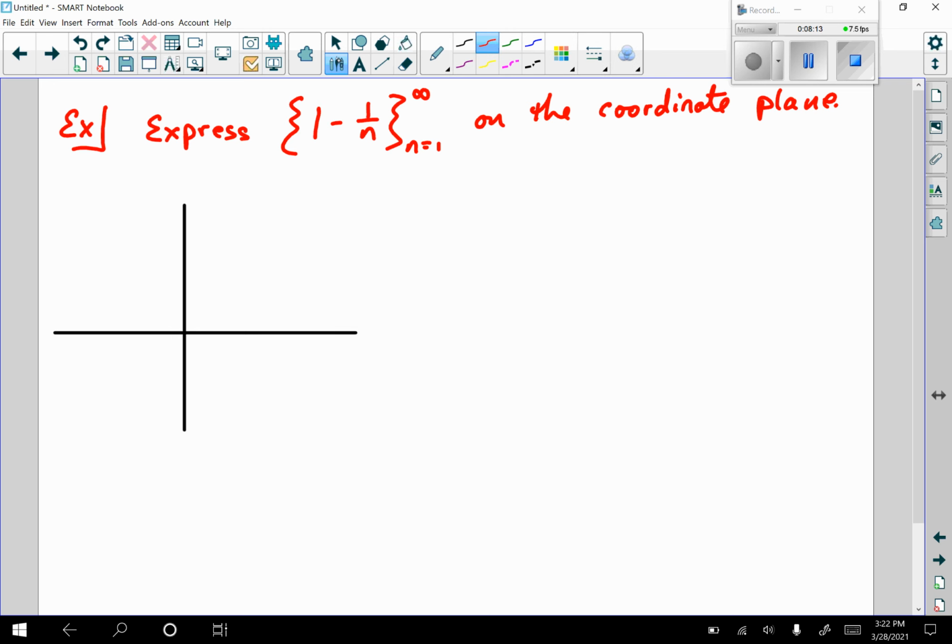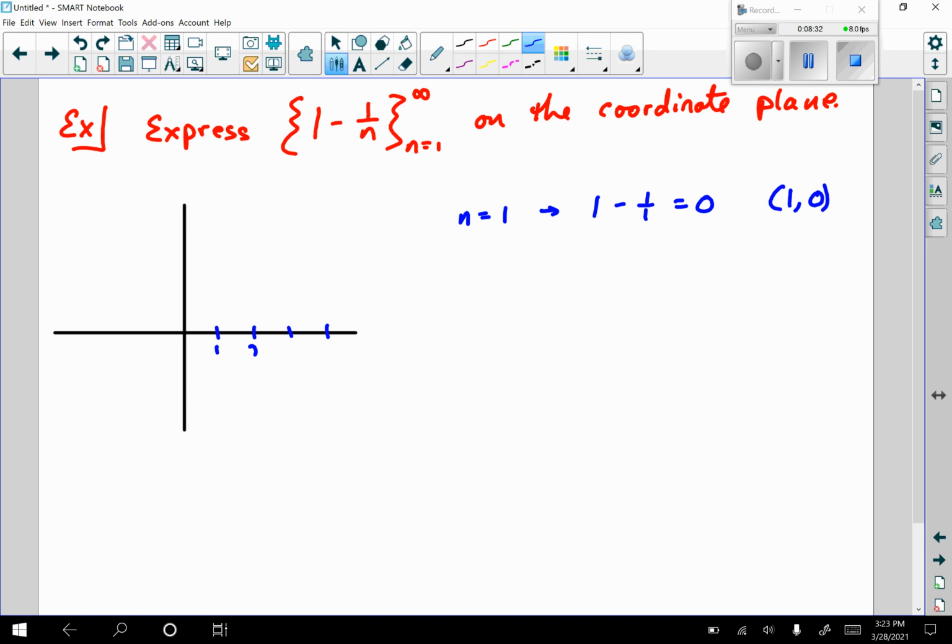And it really comes down to just making a list of ordered pairs. So let's start when n is 1. Then we're going to get 1 minus 1 over 1, and then that's just 0. So first I have the ordered pair (1, 0).